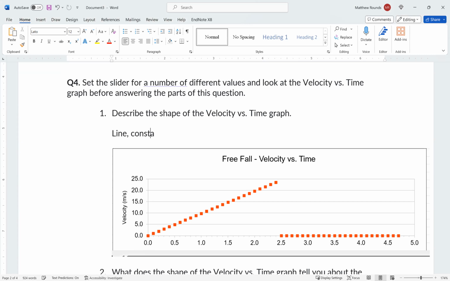So it's a line, constant slope, up and to the right. Any of those words would be good to include in this. They want me just to describe how the slope never changes, right?